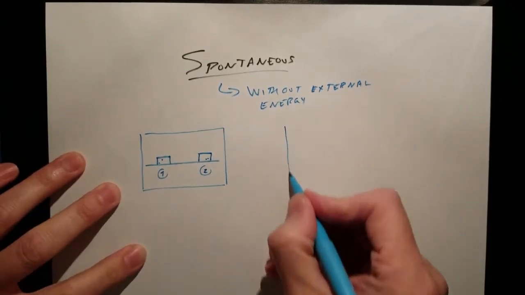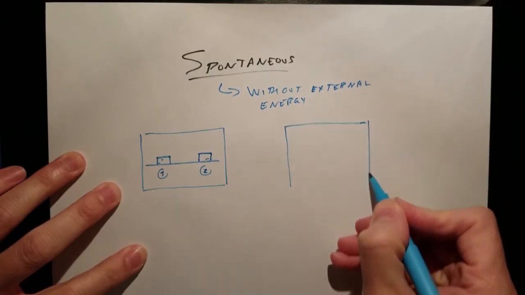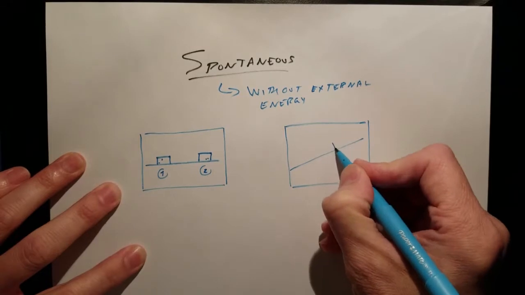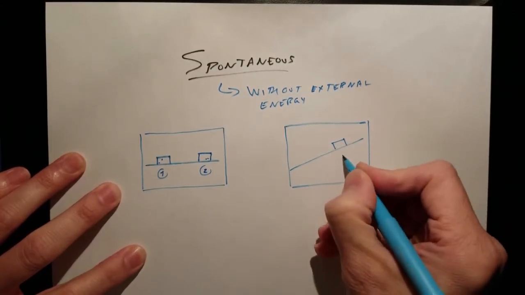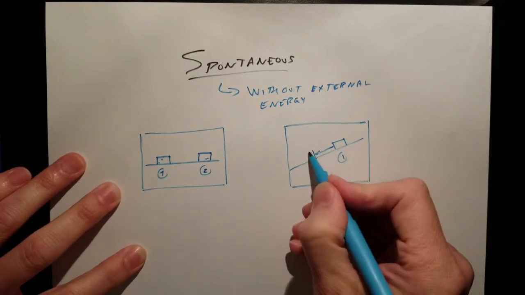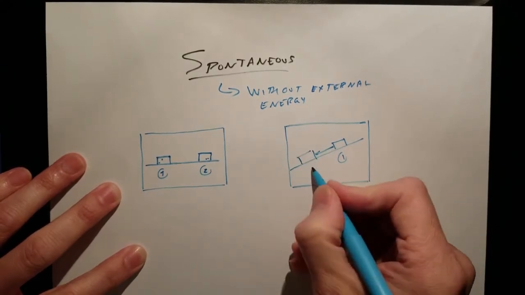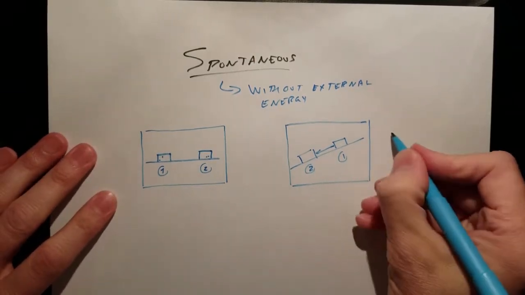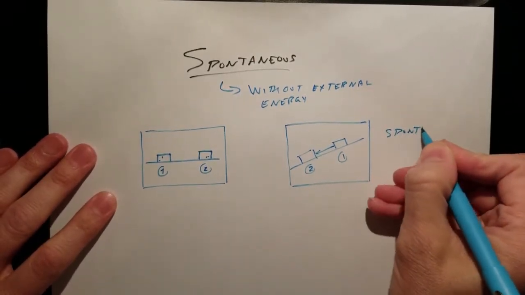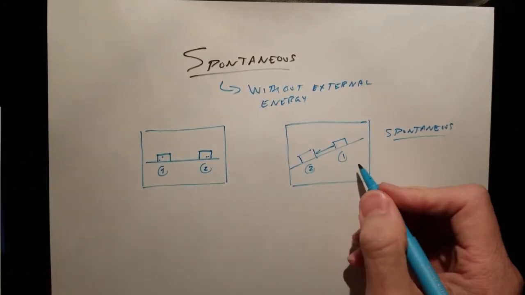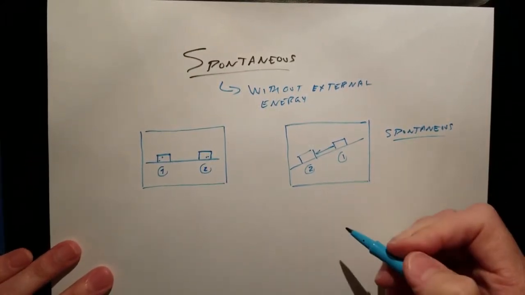And in contrast, if you have a system like this, state 1, this will spontaneously shift at some time to state 2. And this is what we mean by spontaneous.